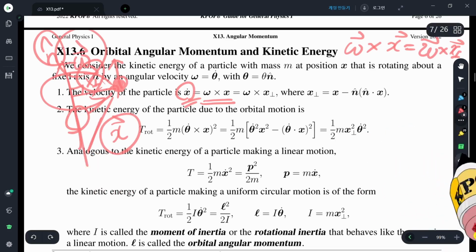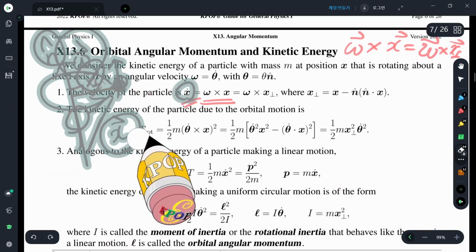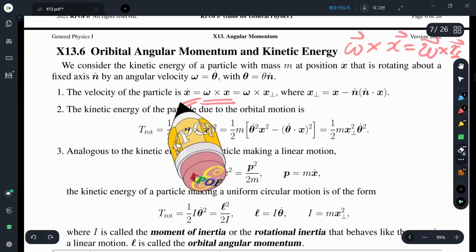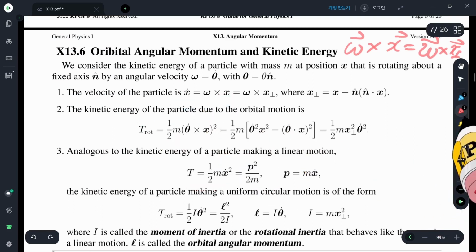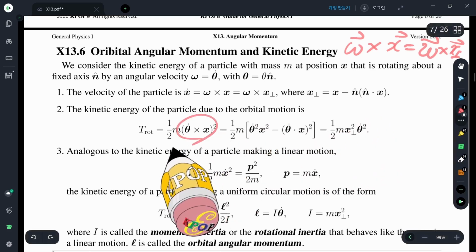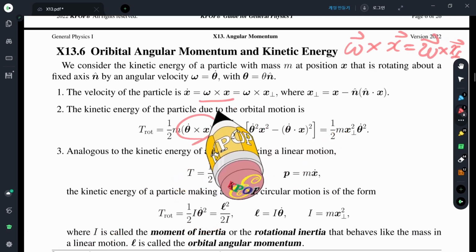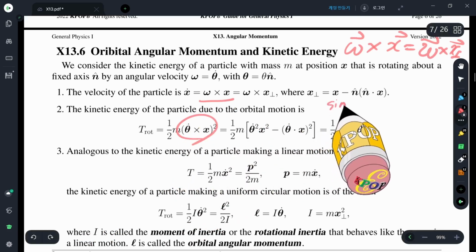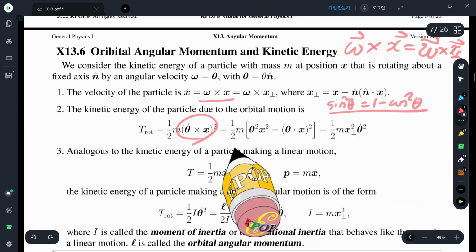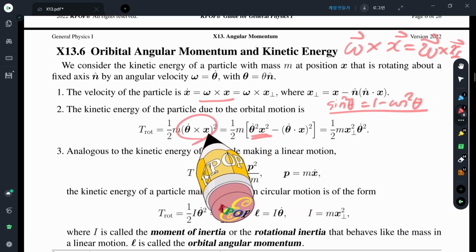All right. So with this expression, we can compute the kinetic energy, 1/2 mv squared. And v squared is omega cross x squared. This is sine squared theta times rho squared, which is rho squared minus cosine squared theta rho squared. So the square is subtracted by the scalar product squared.